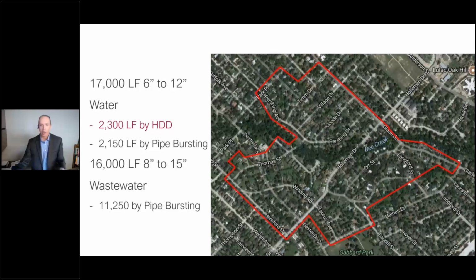We also utilized pipe bursting on the water side in areas where we could do that. And on the wastewater side, the majority of the wastewater mains were also installed by pipe bursting in order to minimize disruption to the neighborhood. So we got to use quite a bit of trenchless technology on this project.